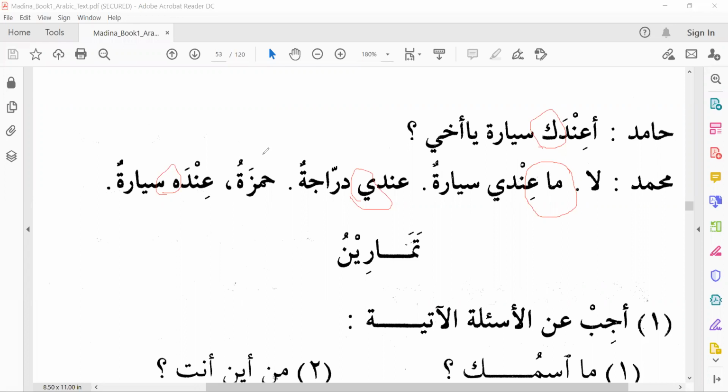After that, those masculine names that end with ta marbuta will not take tanween. And one more thing, dhahabta. Dhahaba is he went. Dhahabta is you went. All these new words, dhahabtu, I went. All these new things we have learned in lesson 10. Okay.